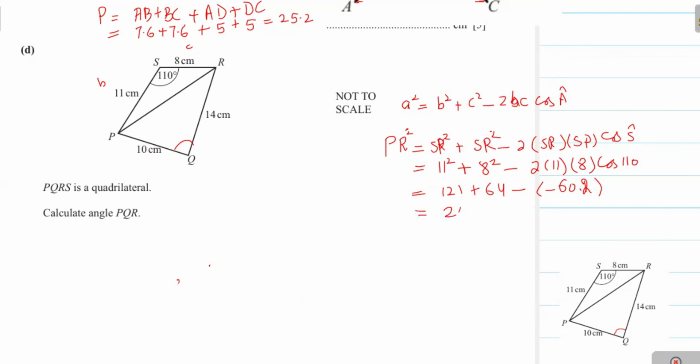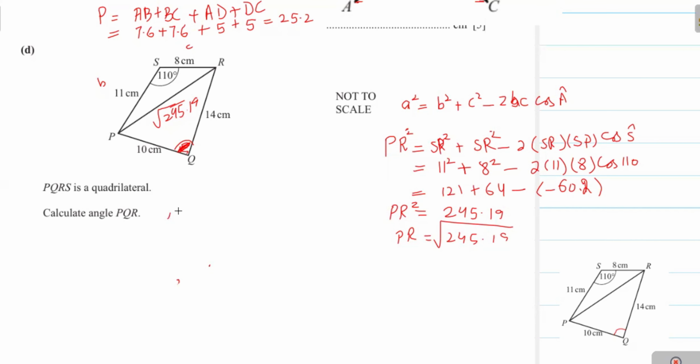Now we simplify this. We get 245.19, and this is PR squared. The length of PR is the square root of 245.19. This is the length of PR. And the other two lengths are also given, so we can find this angle by the cosine rule.